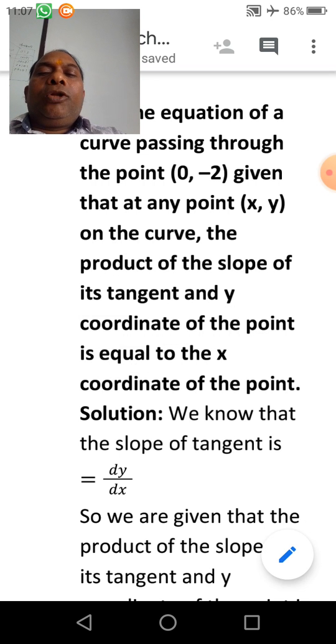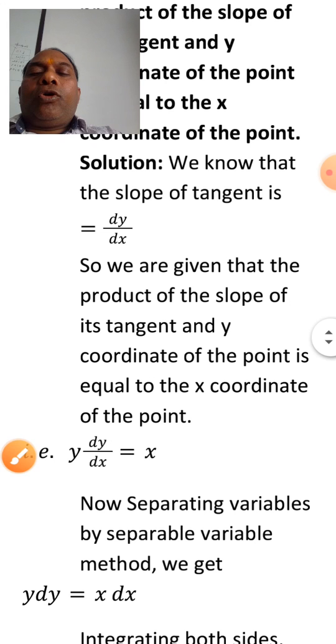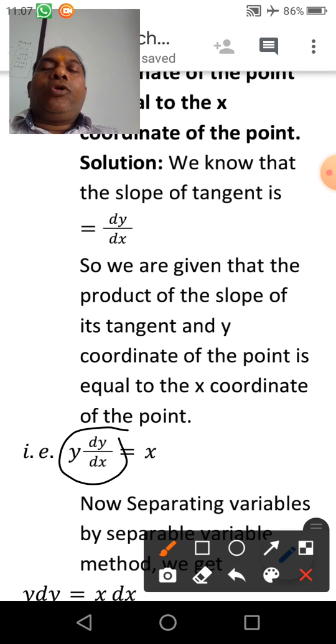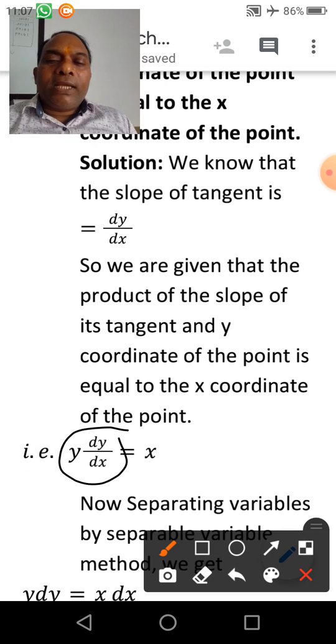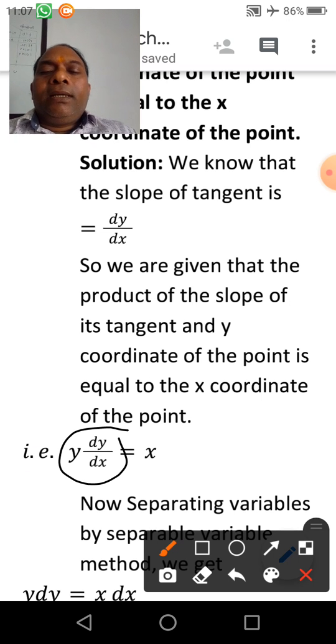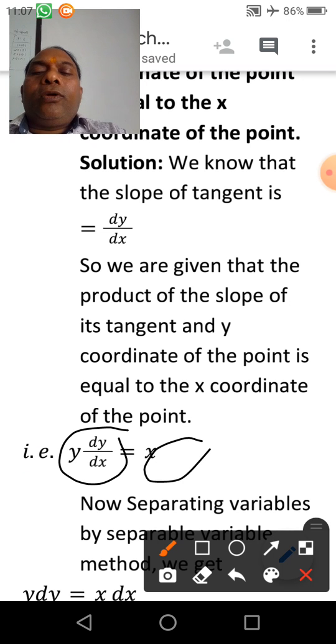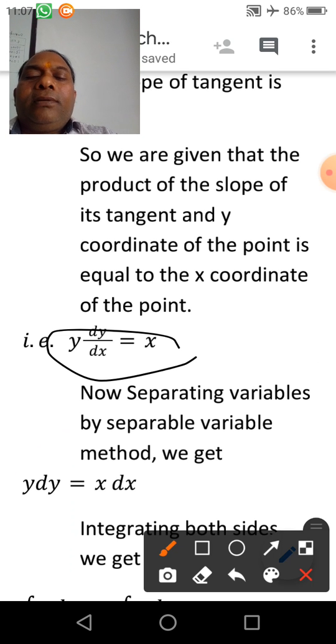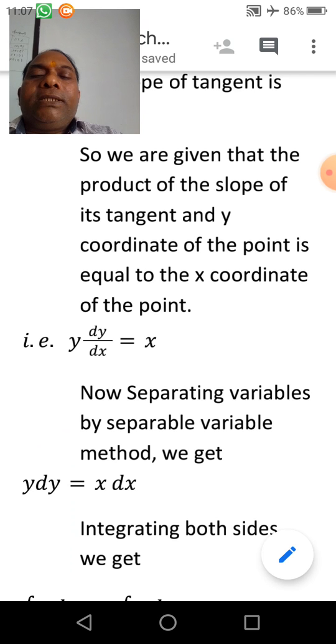The product of slope and y coordinate of the point means y into dy by dx, because the y coordinate of the point is y and the slope is dy by dx. So y dy by dx is equal to the x coordinate of the point, means equal to x. So y dy by dx is equal to x. Now you have a differential equation. Now you can solve this equation.